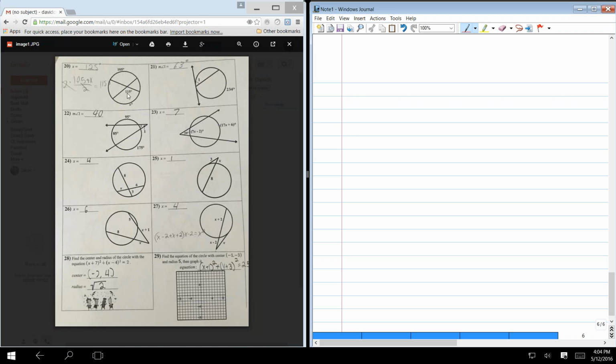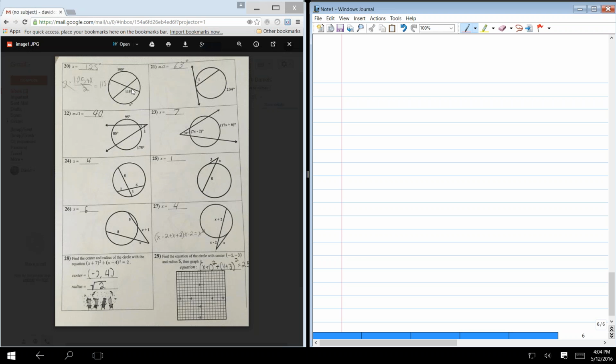I notice you've done number 20, but let's do it again. Let's set it up properly. Almost every student I have does it the way you did it here, but here's what the theorem says.